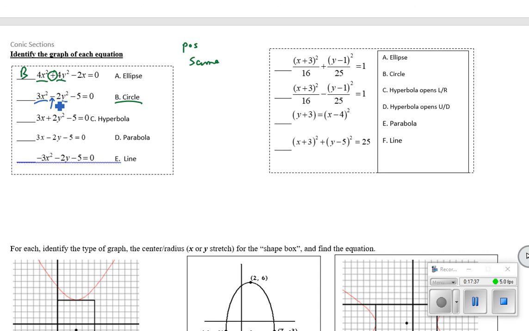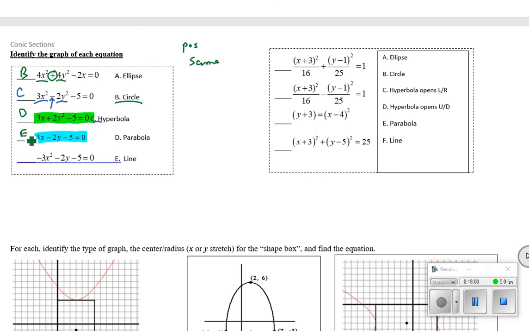They have different signs. What shape is that? That is a hyperbola. This one has only one square. What shape is that? When it has only one square, that is a parabola. This one has no squares. What shape is that? That is a line.